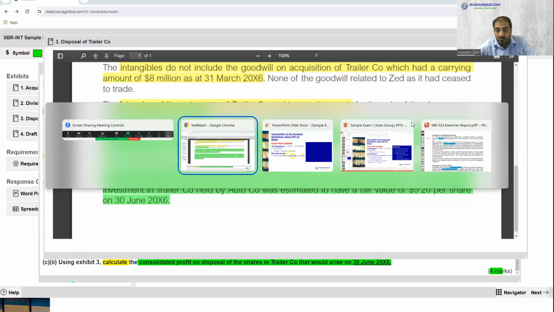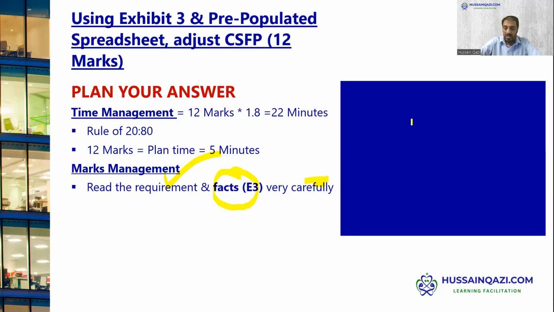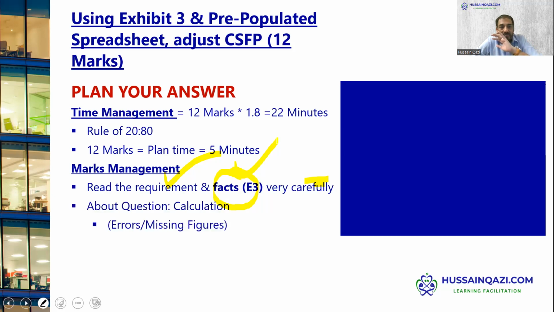Now back to the planning phase. We have read the requirement and we have read the facts very carefully. So our mind has now become very composed. It's about calculation. It's about consolidated statement of financial position adjustment with the IFRS 5 adjustment, specifically reclassification and impairment as well.